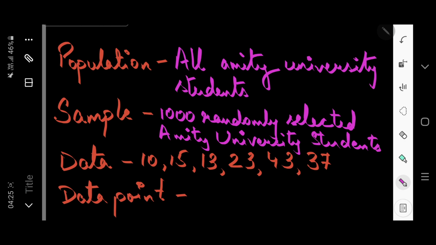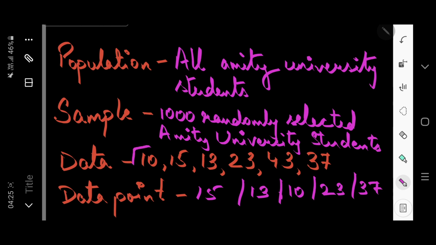Next is data, as we have given this data: 10, 15, 13, 23, 43 and 37. So what is a data point? For example, we can say that 15 is the data point, or 13 is the data point, or 10 is the data point, or 23 is the data point, or 37 is the data point.